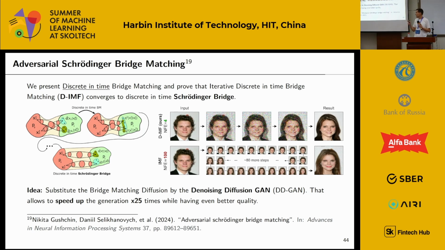Thirdly, one of the limitations of all these bridge matching models is that they are computationally time consuming at inference because you have to sample from your diffusion process. You can actually avoid this by considering diffusion bridges in discrete time and using an adversarial framework to learn your model. So if you're interested, take a look here.